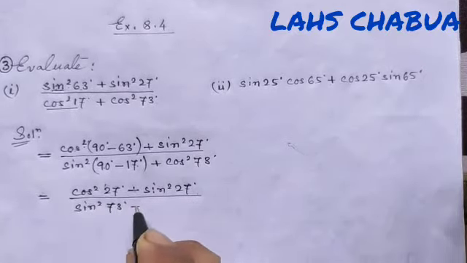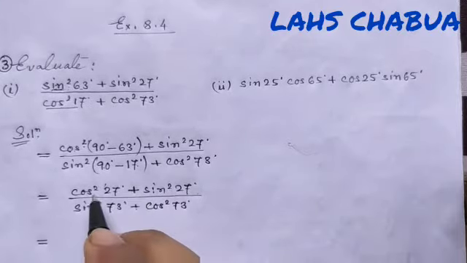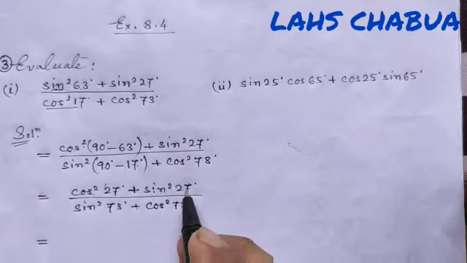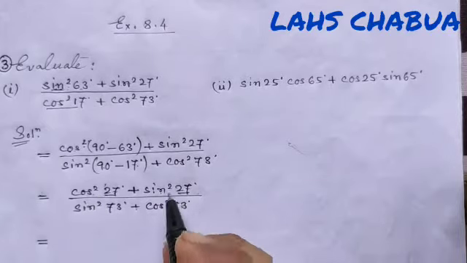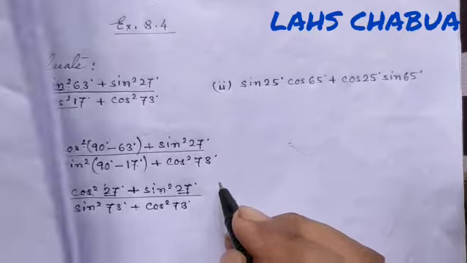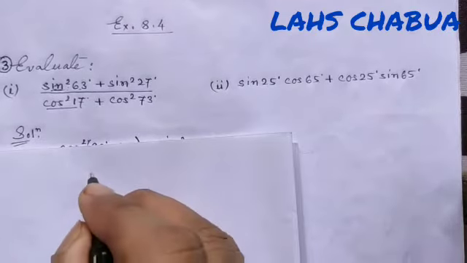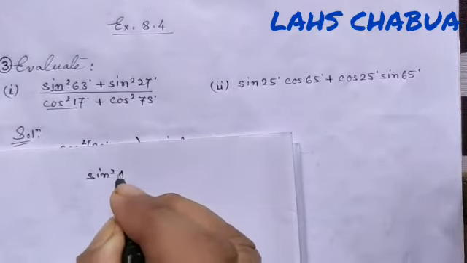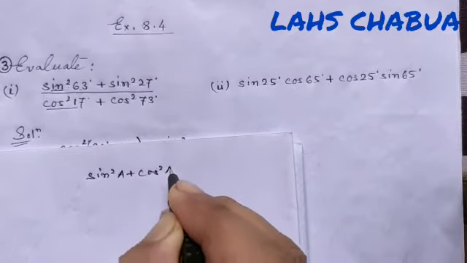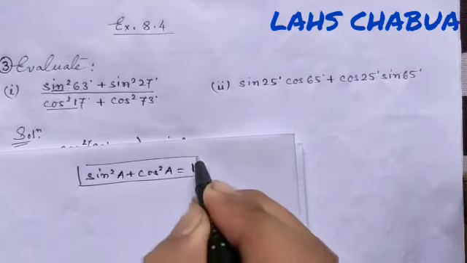Now in this step we are going to apply the trigonometric identity. As you know, cos square 27 and sine square 27: these two acute angle measurements are the same, and it exists in this form: sine square A plus cos square A equal to how much? 1. This is the trigonometric identity.